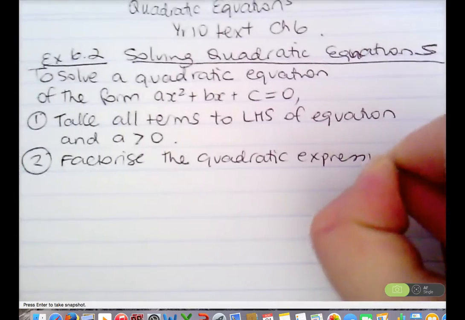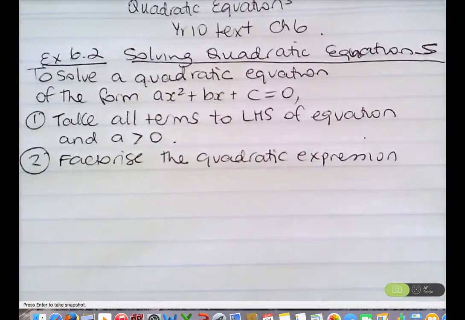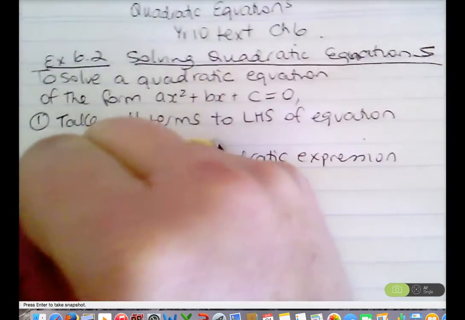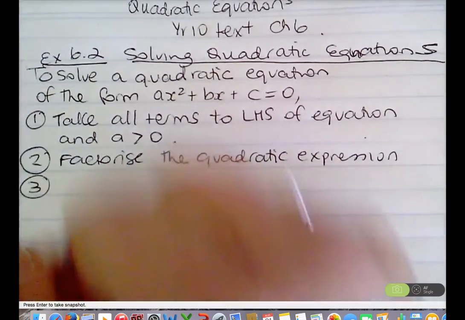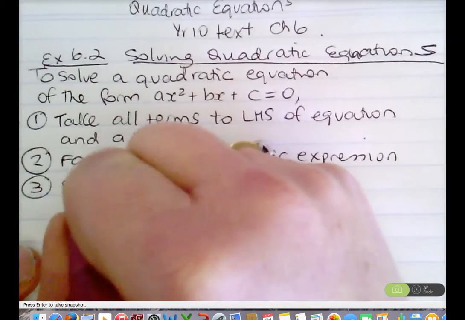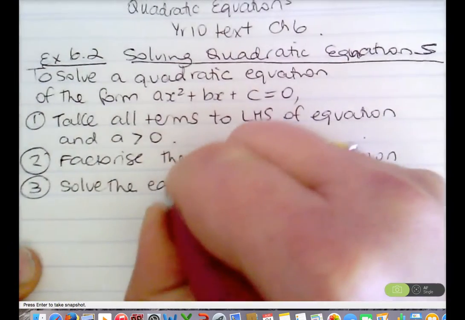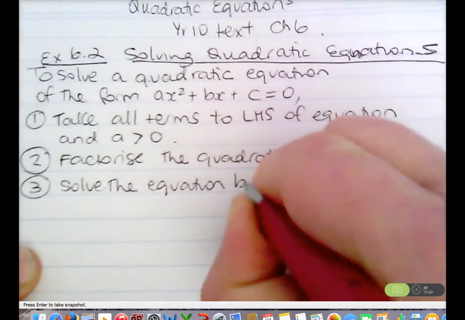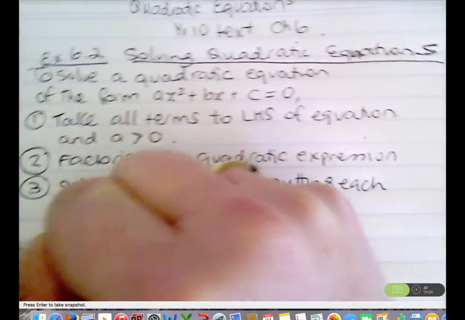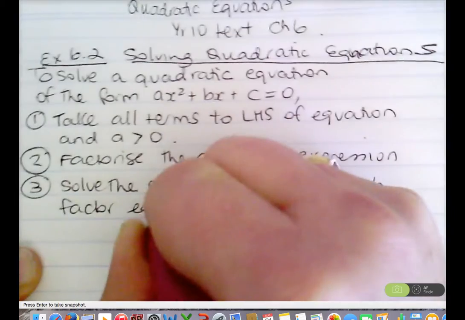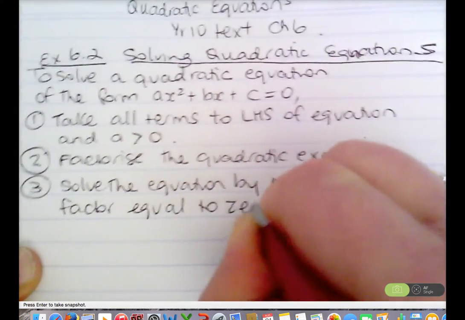So we're spending the whole lesson on this exercise. Part 3, we then solve the equation by putting each factor equal to 0.